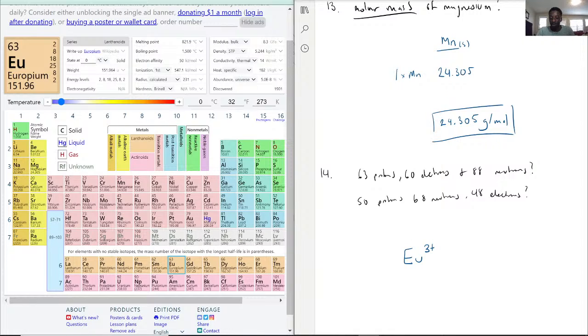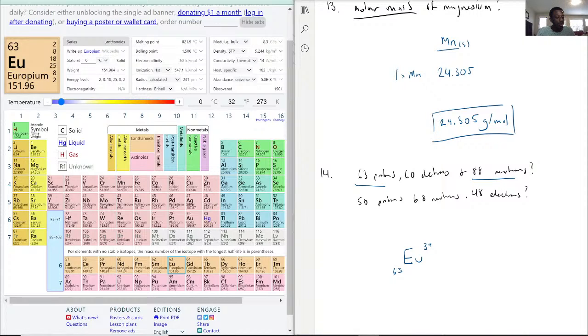That would be the first part, okay? But now, just because I want to be as specific as possible, I want to mix the two forms together. Exactly, we're saying this is still an ion, the 3 plus. But now we want to actually say what type of isotope it is. And to get that, we have to add the protons with the neutrons.